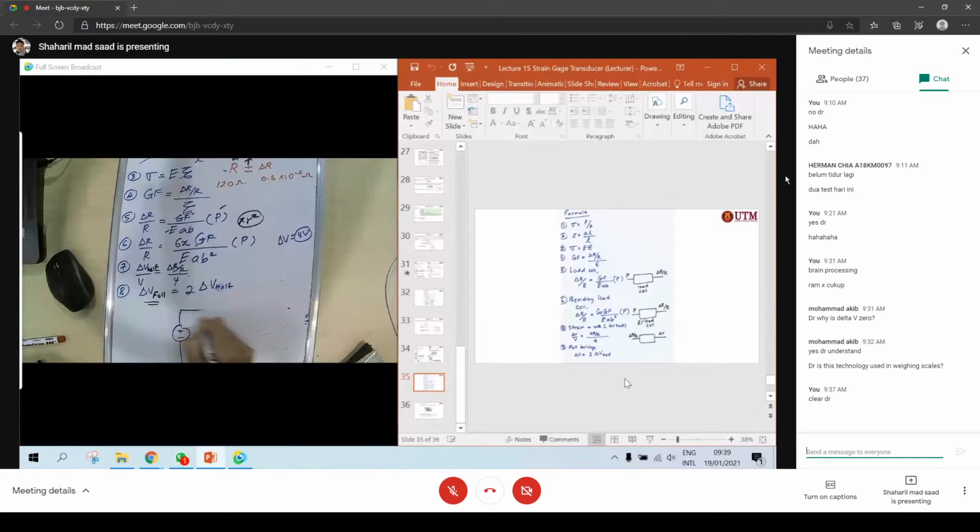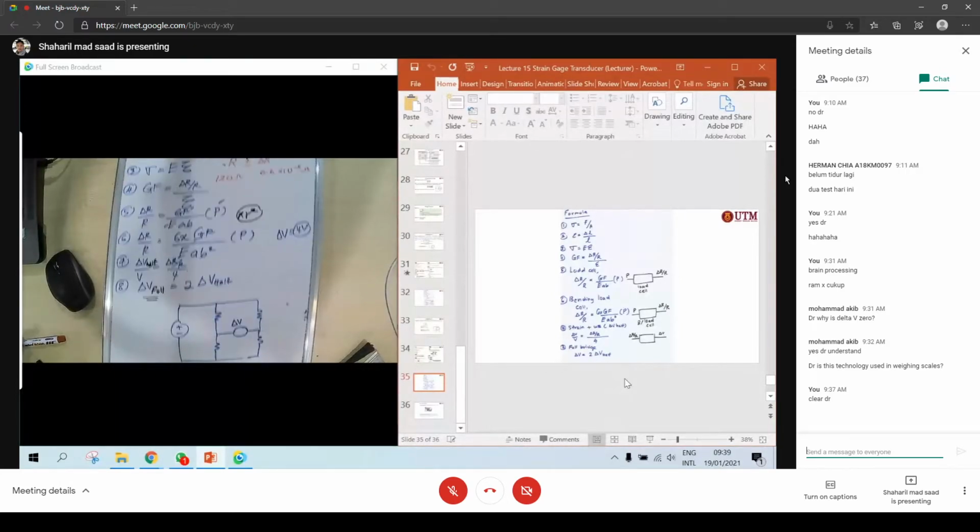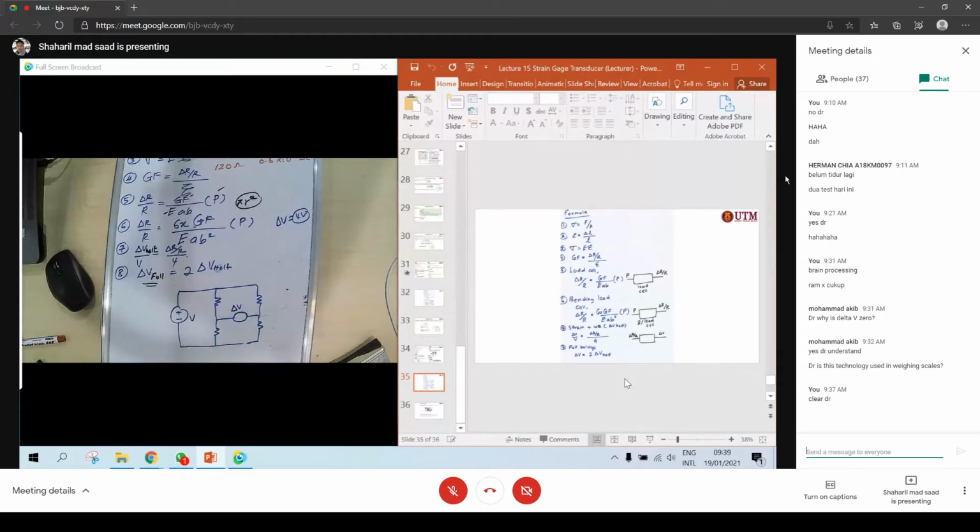This is your Wheatstone bridge. Delta V. Okay, right now you have utilized all of this bridge.